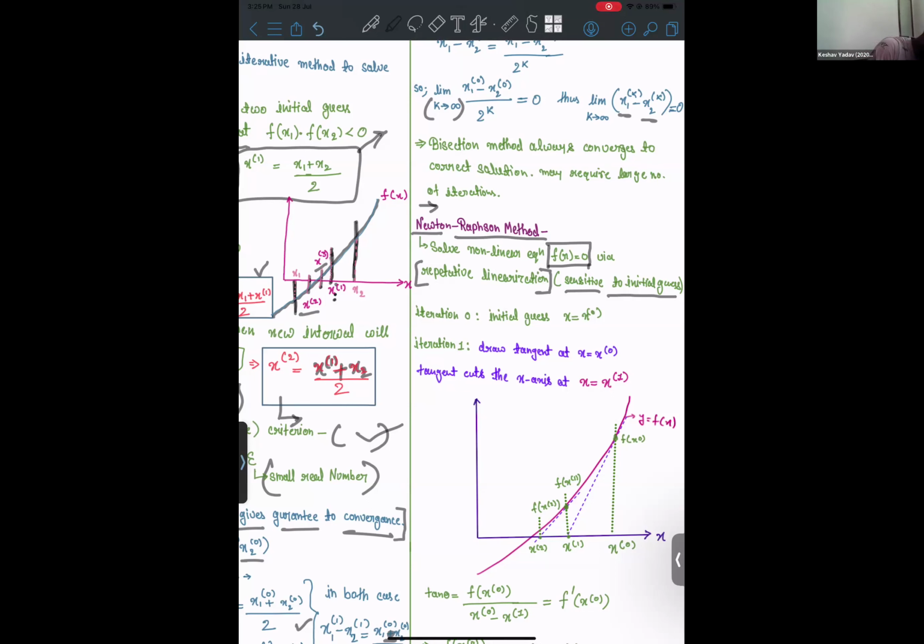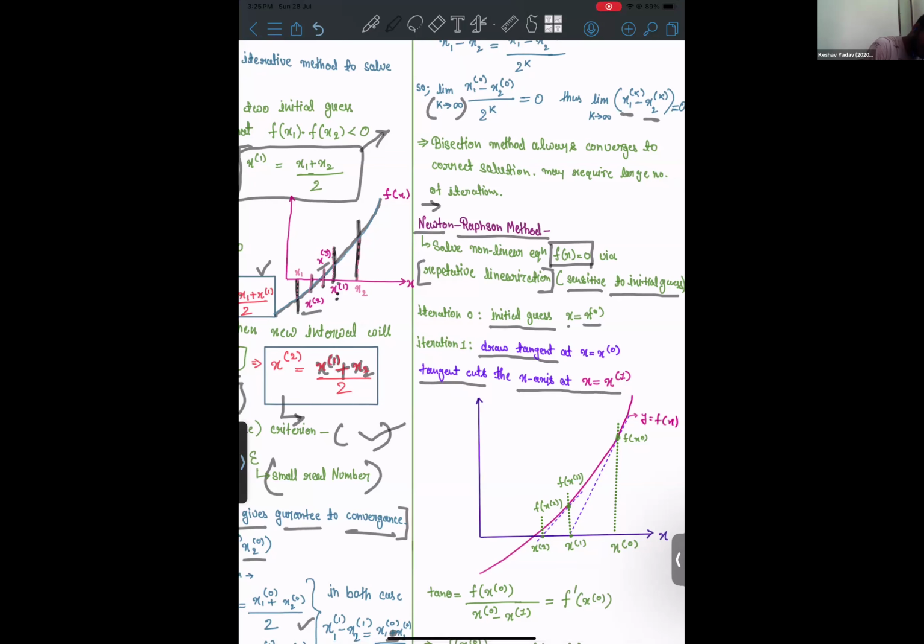Suppose we have some initial guess x equal to x at the 0th iteration. What we do is, at that initial guess, we draw a tangent. This tangent will cut the x-axis at some point, suppose x1. Where this tangent cuts will be our first iteration root value.